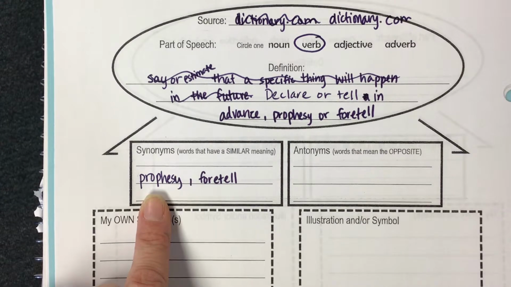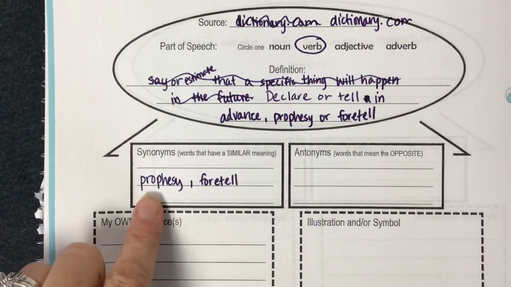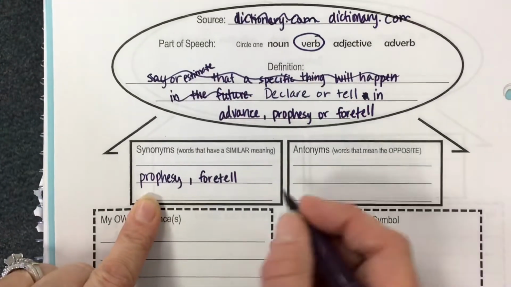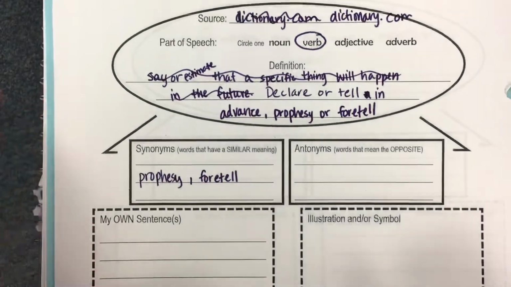Pre-say? Pre-state. I'm having a hard time hearing Harper today. Okay, prophesy, foretell. I think those are both good.